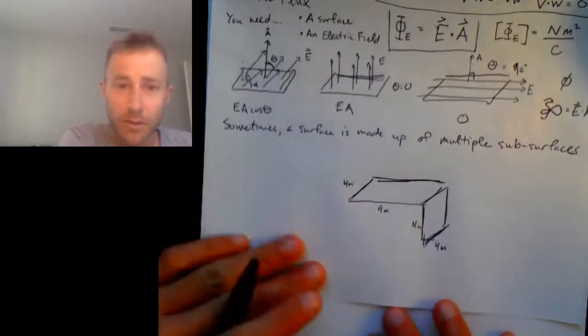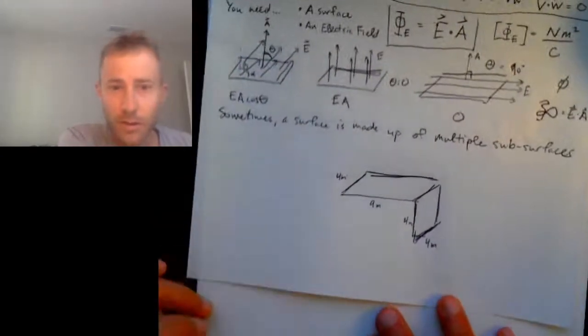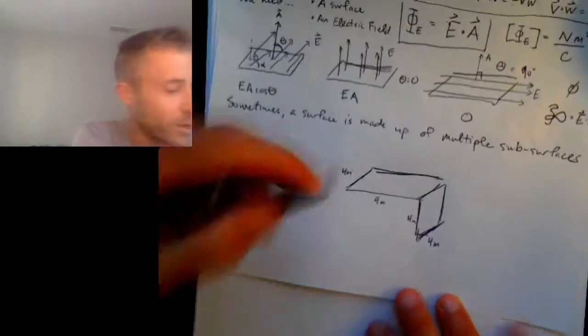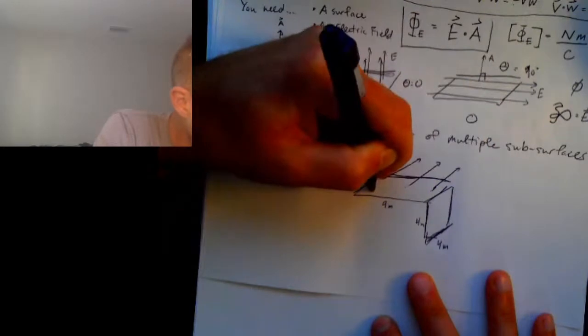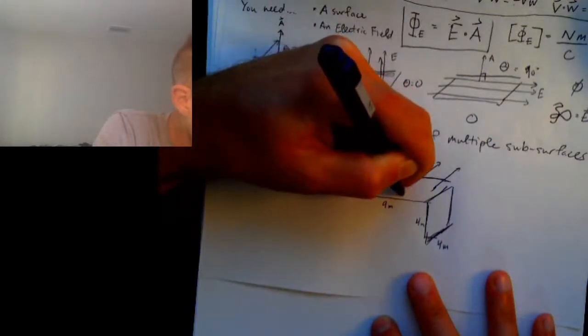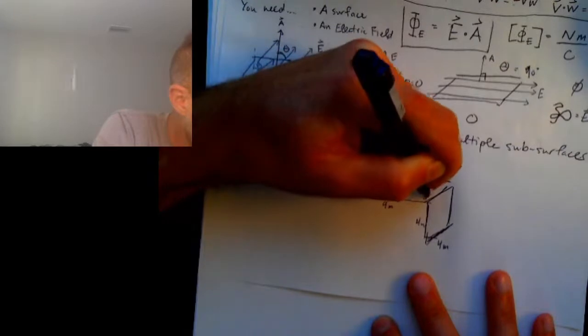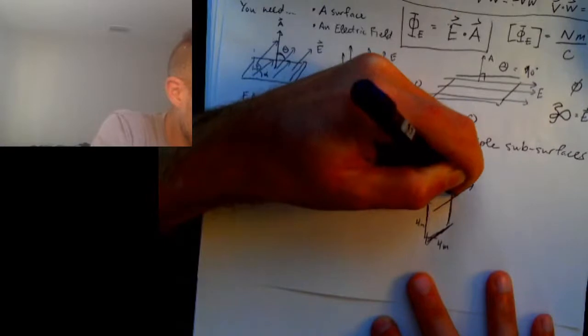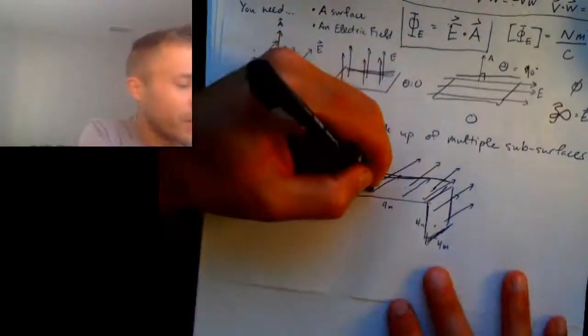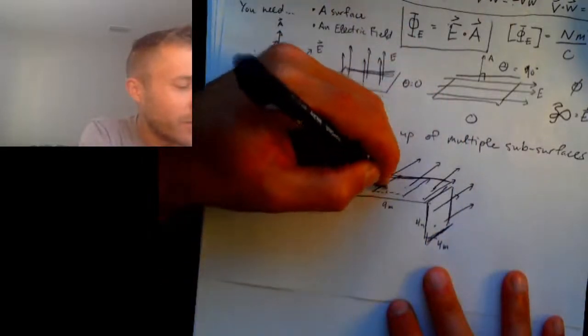And then we have an electric field that is constant, both in magnitude and in direction. And so this electric field points in the same direction, in such a way that it makes an angle of 30 degrees right here.